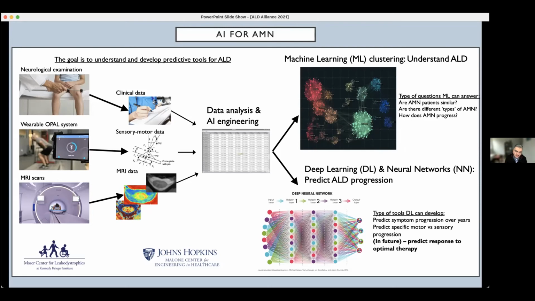We would have to validate that, of course, in a large data set, but we're working on that right now with the pre-existing data set and trying to get grant funding to look at this prospectively in the ongoing natural history studies that are already happening as we speak.